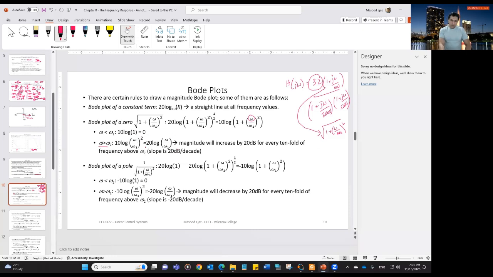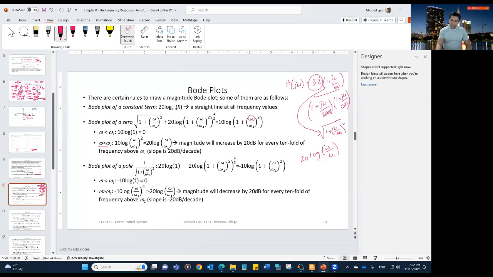Now I explore this term for different values of omega. Remember, we are using a logarithmic scale for the x-axis, so we are increasing the frequency every 10-fold, going from 0.1 radian per second to 1, to 10, to 100 radians per second.